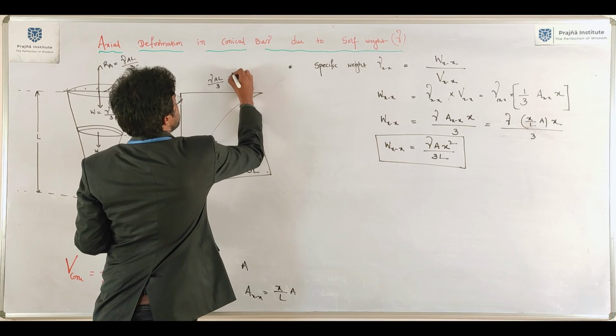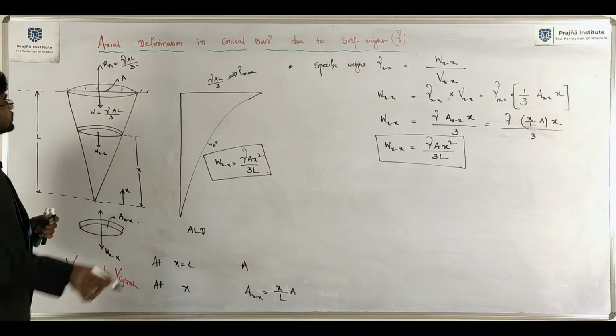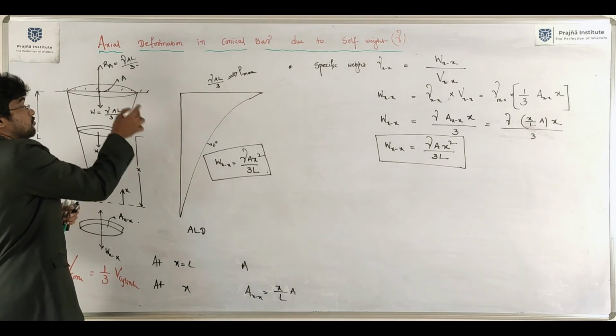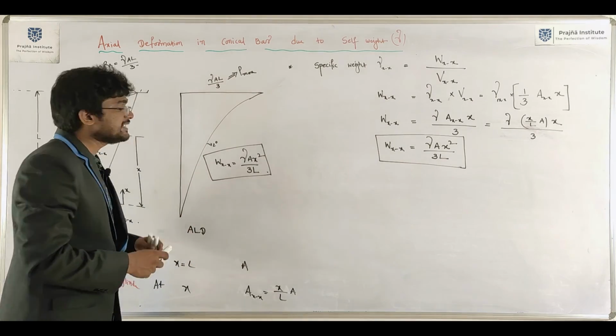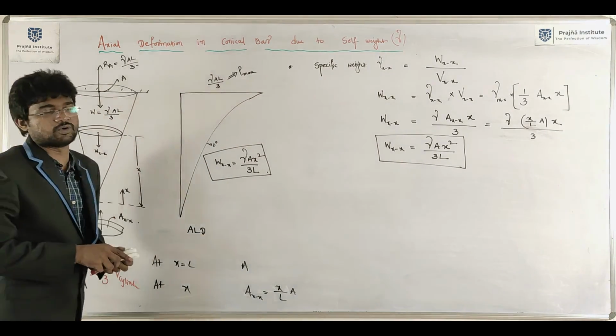It will become P maximum. Total weight of the cone is acting at this point. So weight varies parabolically with the length of the cone.